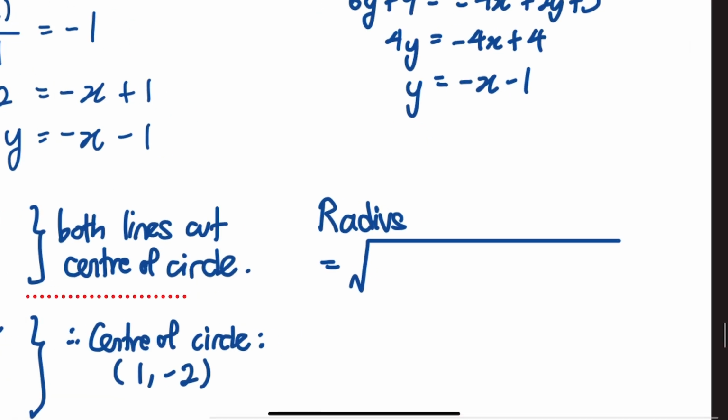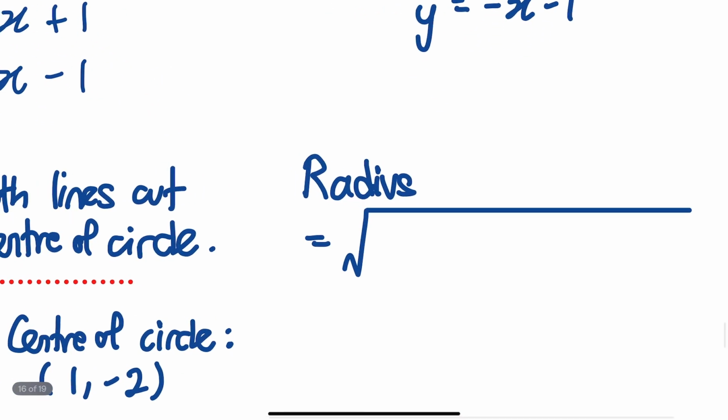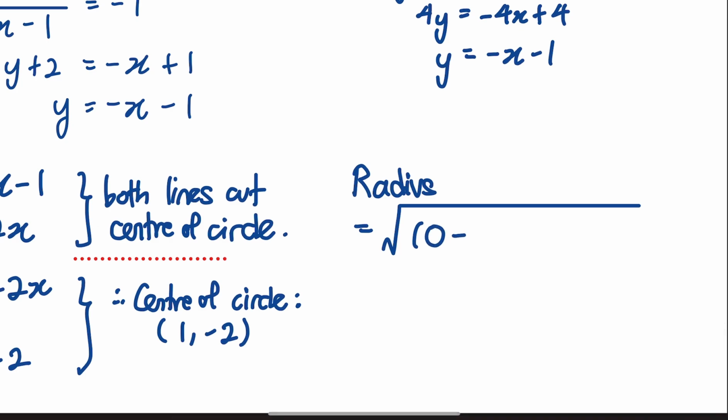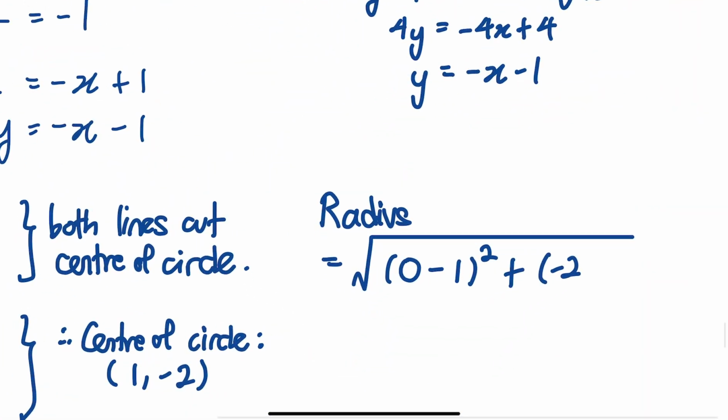So the radius of the circle is simply the square root of (0 minus 1) squared plus (-3 minus -2) squared, the whole thing squared. Therefore, your answer will be simply root 2.